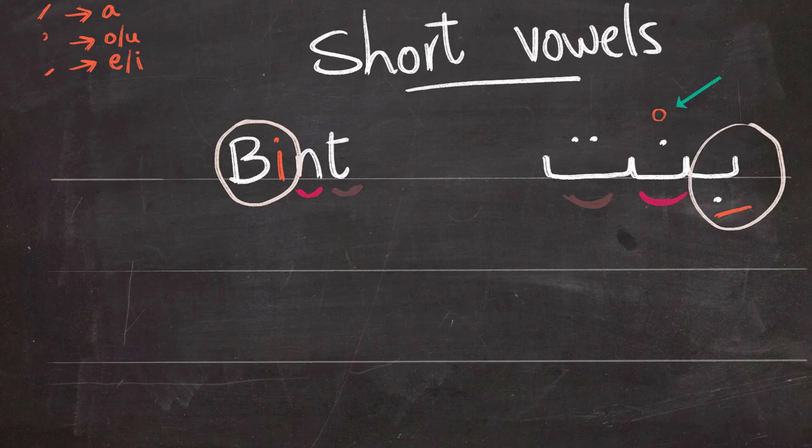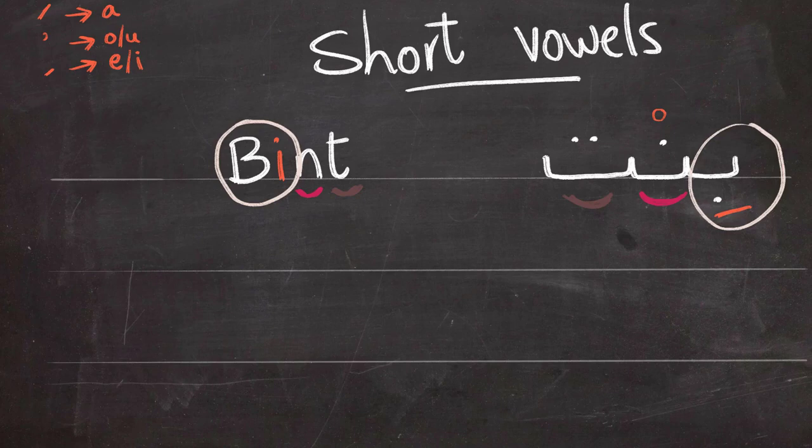Again, you can use sukun or completely nothing above or under the letter, which gives the same effect. So you'll have bint. Only 1 vowel in this word.